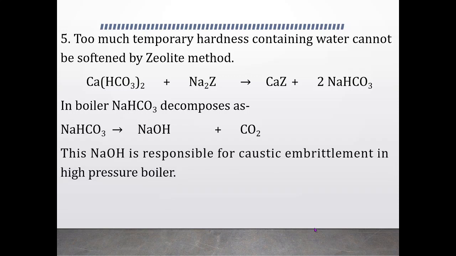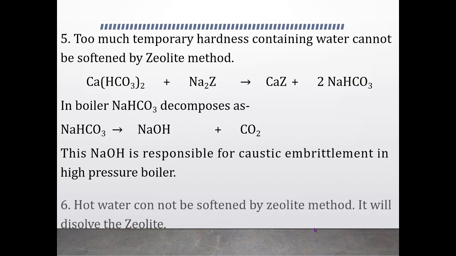If the percentage of NaOH increases up to 10%, then it reacts with the metal, and due to that caustic embrittlement takes place. So in a high pressure boiler, caustic embrittlement takes place due to the presence of NaHCO3. NaHCO3 gets decomposed into NaOH, and if the percentage of NaOH increases, it is responsible for caustic embrittlement.